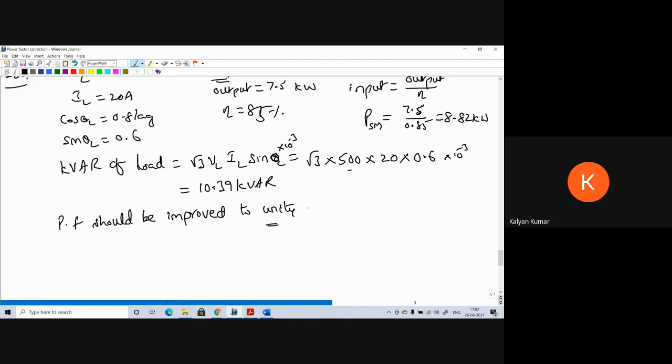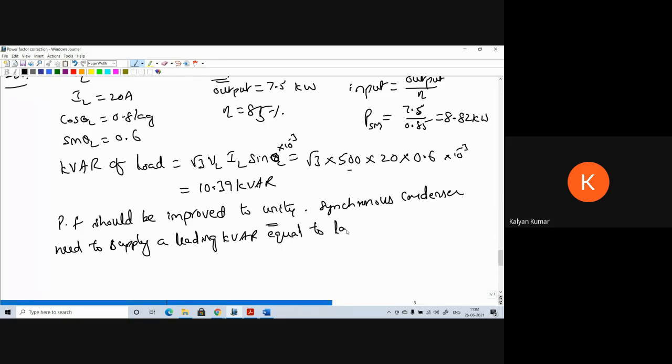So to improve it to unity, the synchronous condenser needs to supply a leading kVAR equal to the lagging kVAR required by the load.